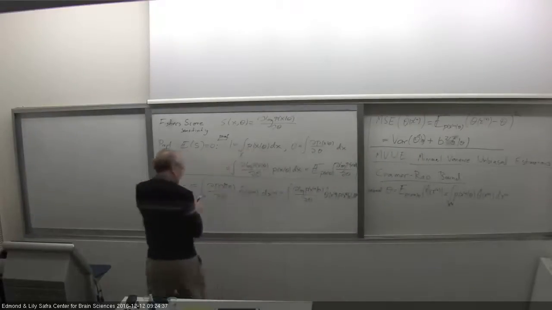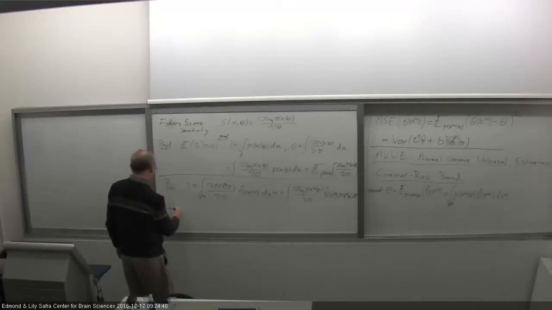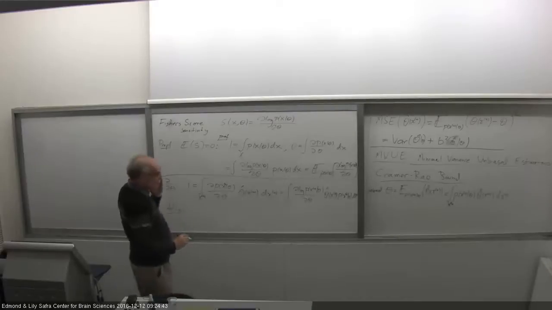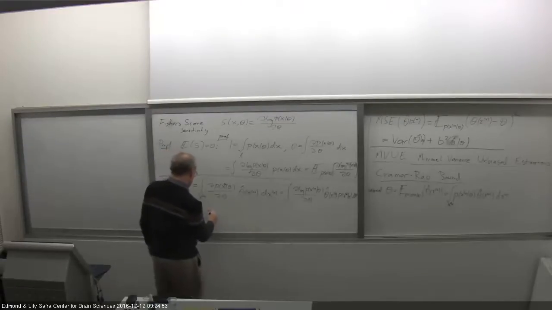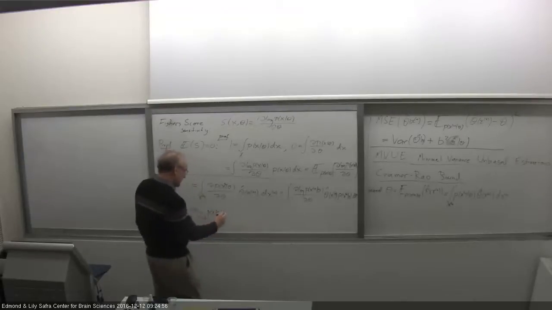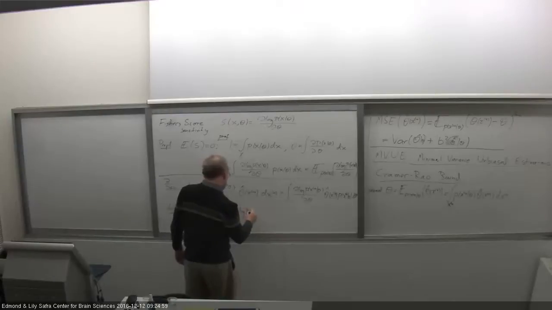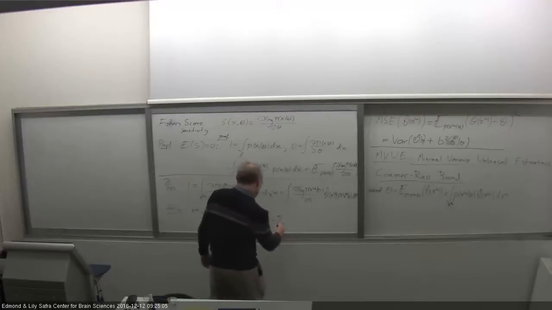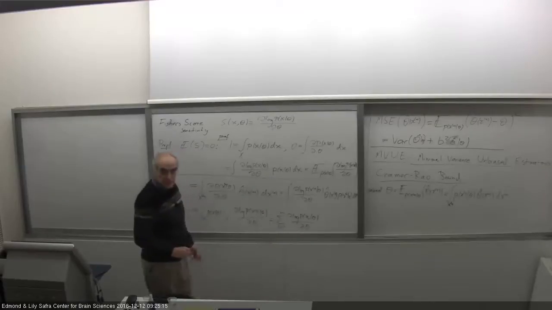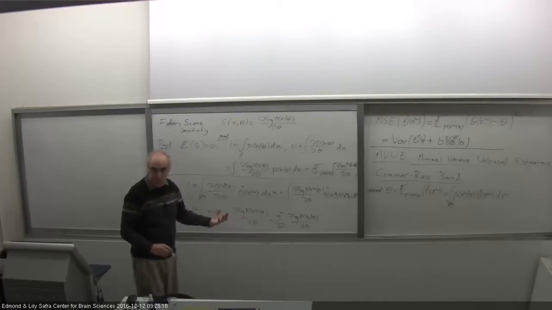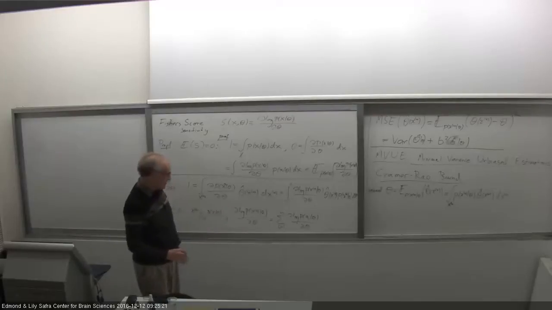Now notice two things. Notice that if my sample is IID, then the logarithmic derivative of p(x_n, theta) with respect to theta is simply the sum, just as we did many times, because the log of a product is a sum of logs.